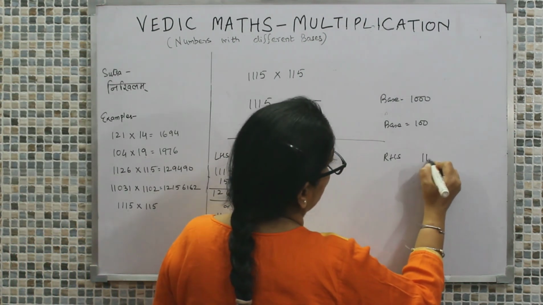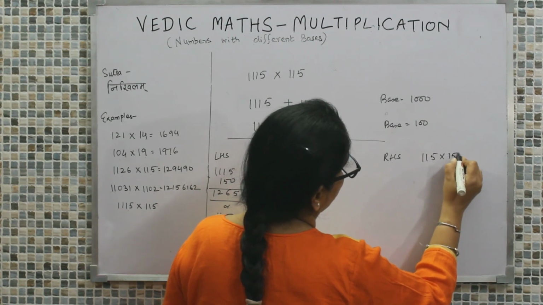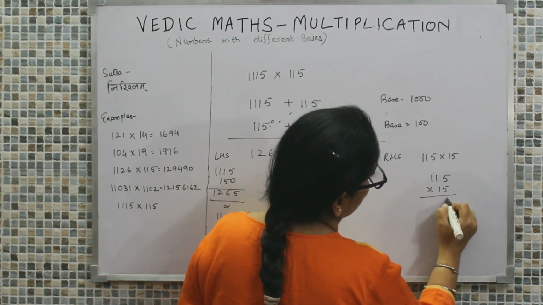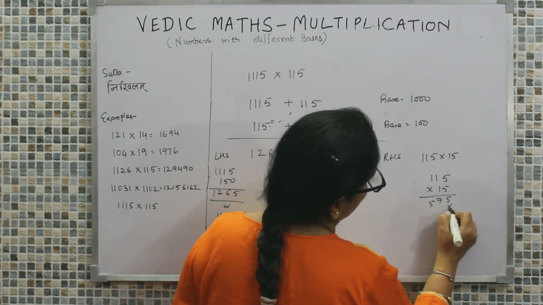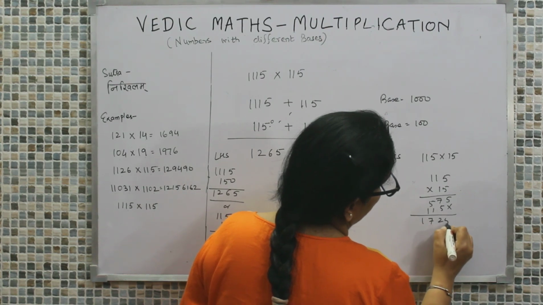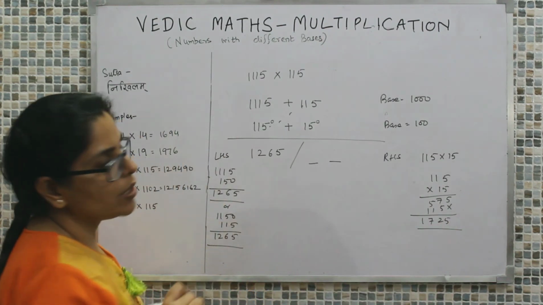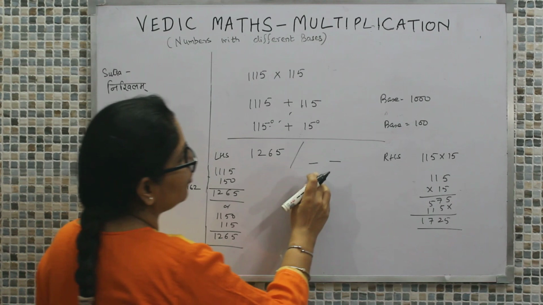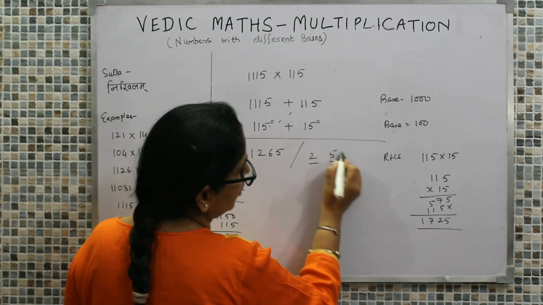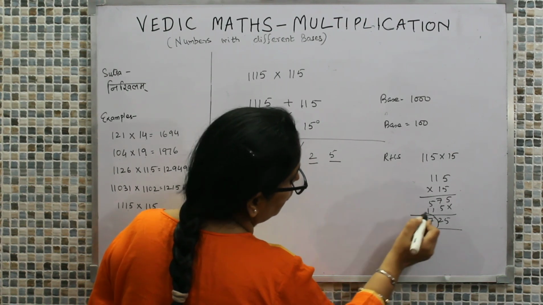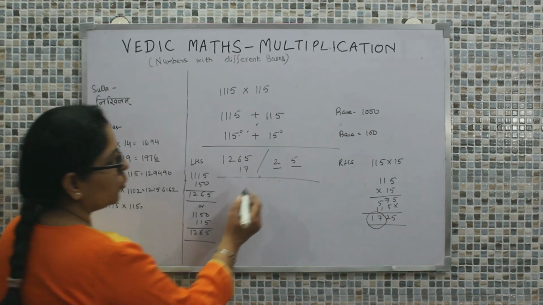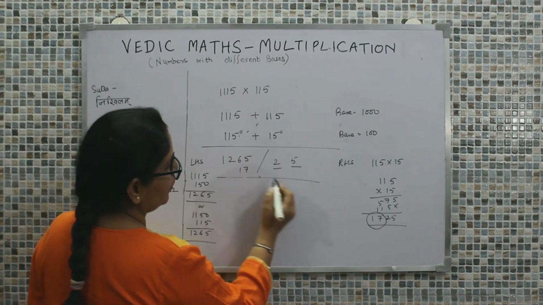RHS will be 150 into 15. Now we get 1725. How many places do we have for the RHS? We have 2 places. 2 places means 25. What will be the overflow? Overflow will be 17. The overflow we get from RHS will be 17.